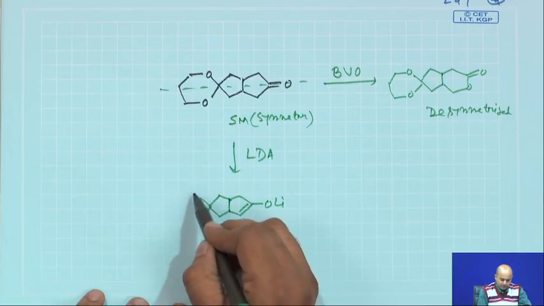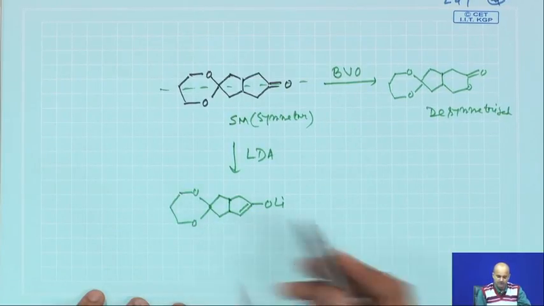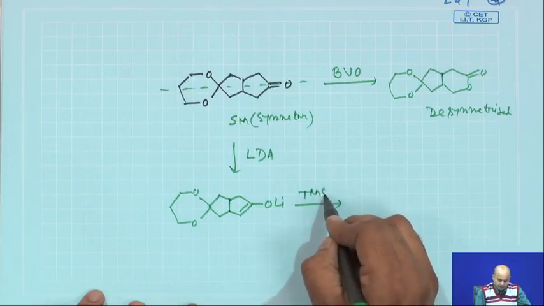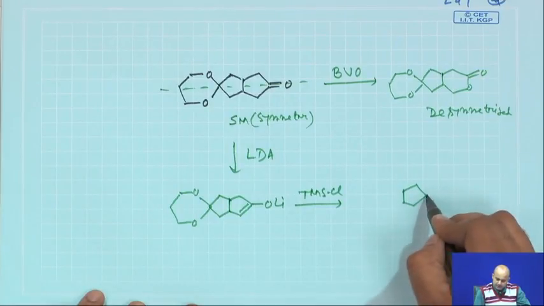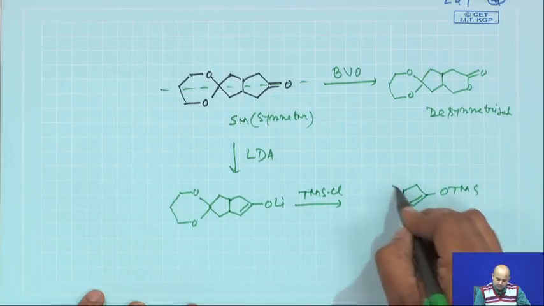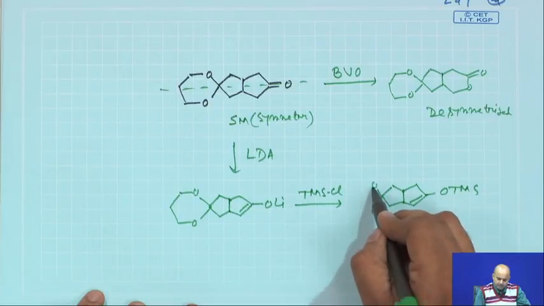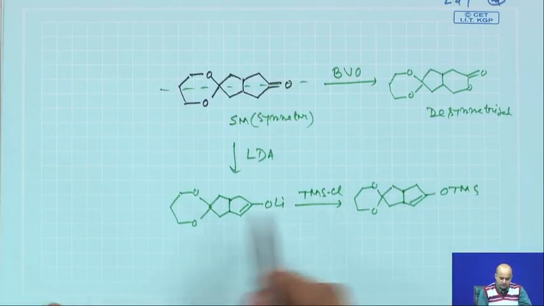Now, this is also desymmetrized, but the enolate is normally not a stable form. You can treat this compound with TMS chloride to form the enol silyl ether, so you basically get the corresponding OTMS. In this way the desymmetrization was done.